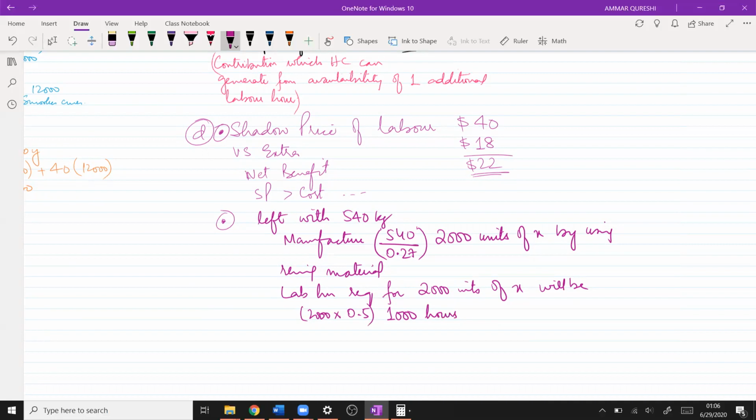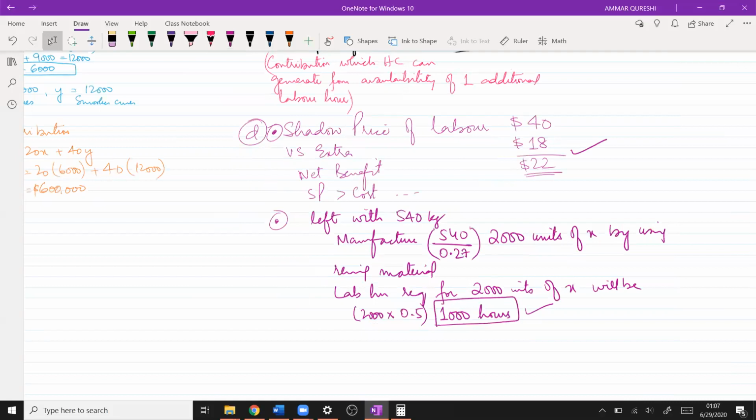But the remaining 200 hours will not be utilized because in that case, material will not be available. So what we can advise the company is that the labor hours for which they should contract should be 1000. They should not contract for more than 1000 hours. So the rate of pay is okay, fine for us, but labor hours need to be reconsidered because 1200 hours are too much. Maximum you can go for 1000 hours, right?